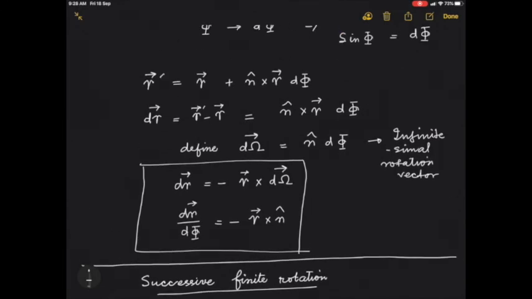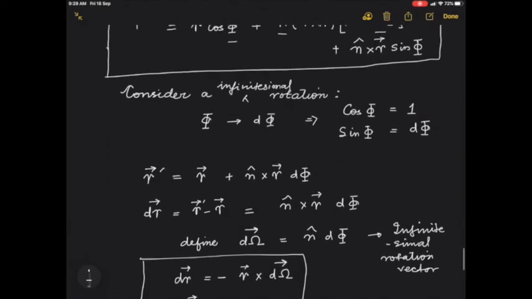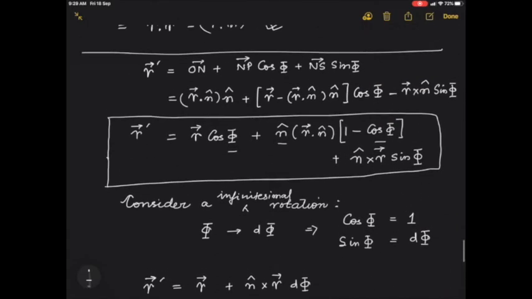You see, we have already done one thing here which is interesting: we have defined a vector d omega which represents an infinitesimal rotation.